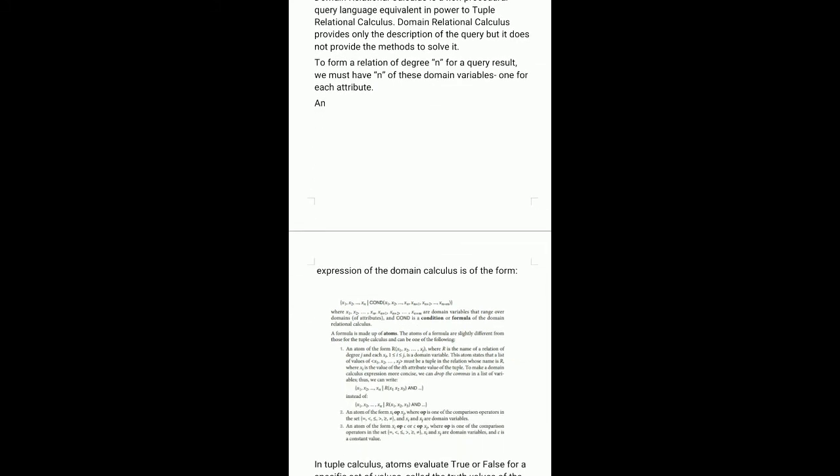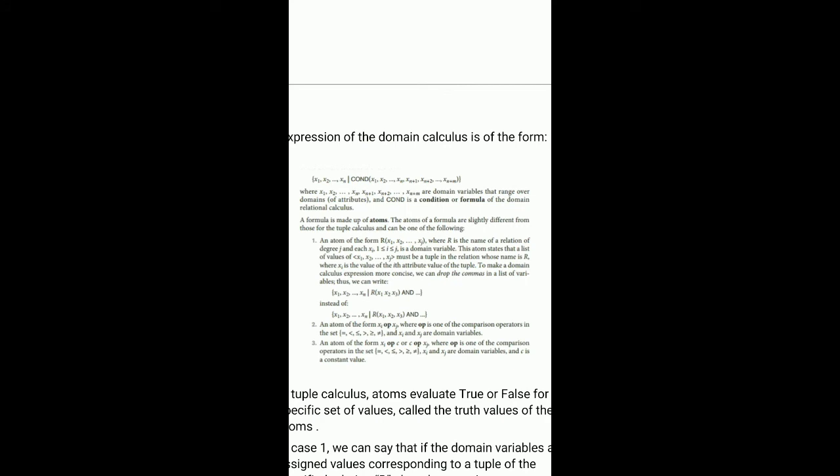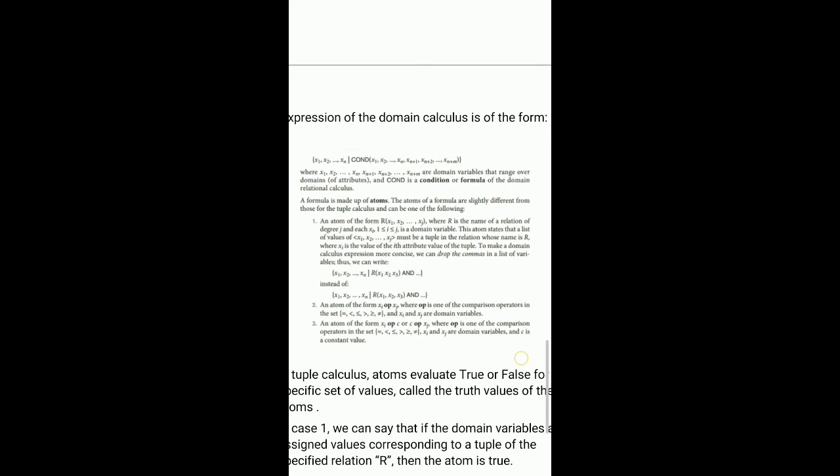An expression of domain calculus is of the form shown here, where x1, x2, ..., xn, xn+1, xn+2, ..., xn+m are domain variables that range over domains, and COND is a condition or formula of the domain relational calculus.